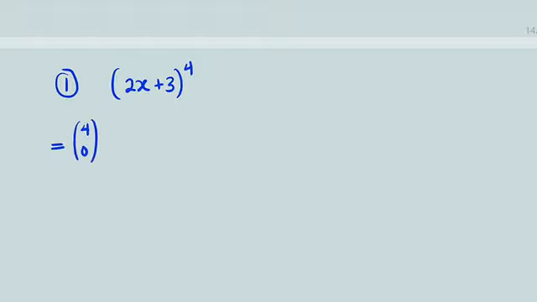Our a is 2x. So we have 2x to the power of n minus 0, 4 minus 0 is 4, multiplied by b, which is 3, to the power of 0. Because remember, I told you the value of r will always be equivalent to the power of b.